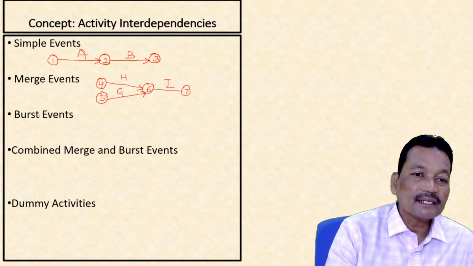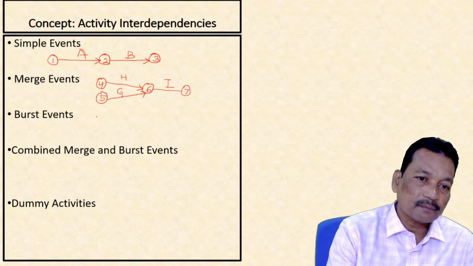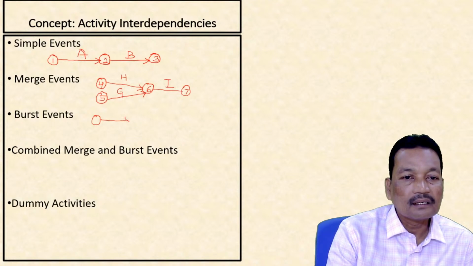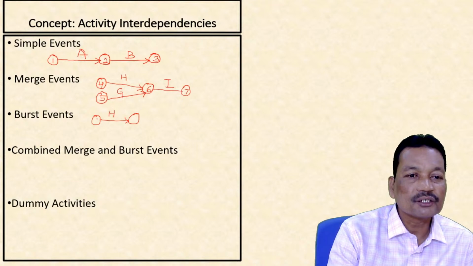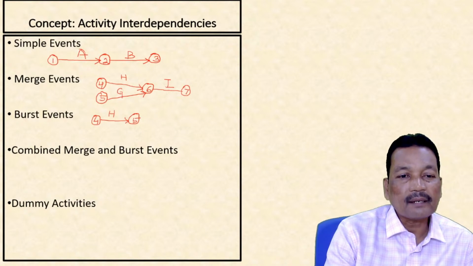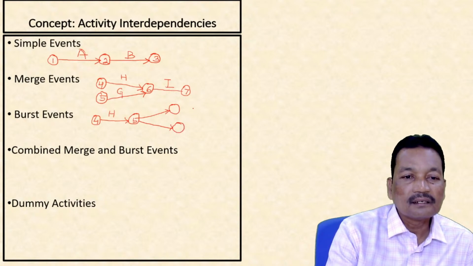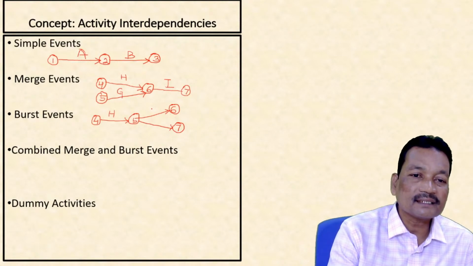right? Similarly, I can have another example, that is burst. What is that burst? Suppose I have this as H, this is 4, this is event 5. Now after event 5 is completed, two activities are beginning, finishing with event 6 and 7.